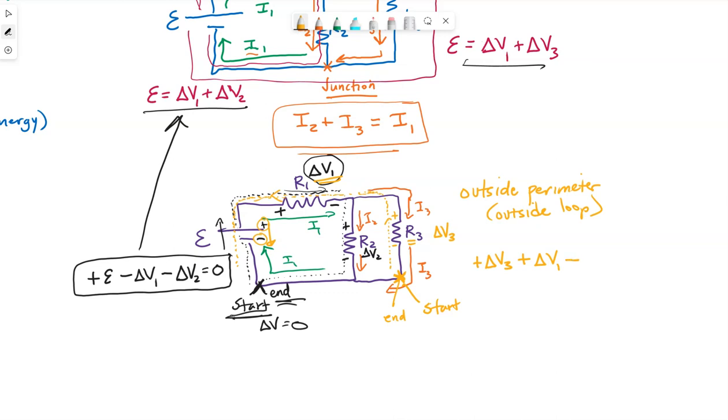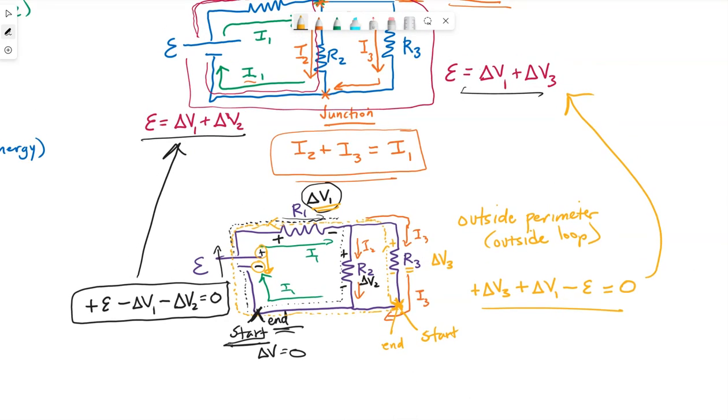So I'm going to see a decrease of the battery voltage. I have my path, I got to keep going until I get back to where I started. When I'm back to where I started, I then finish this out, and my equation has to equal 0. Notice this equation is this equation up here, back when we were talking about battery puts the voltage in and the elements take the voltage out.